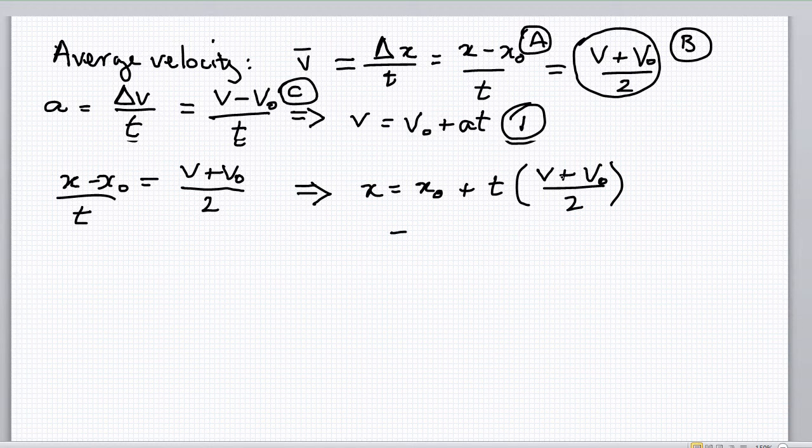Now, I have v in here. So what I'm going to do is substitute this one in for v.